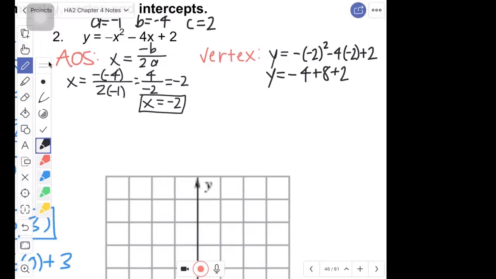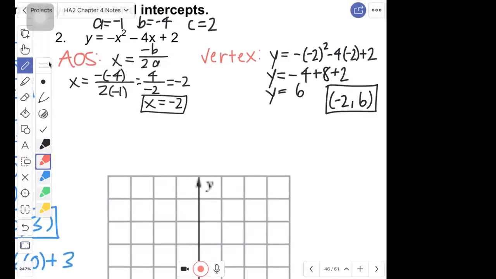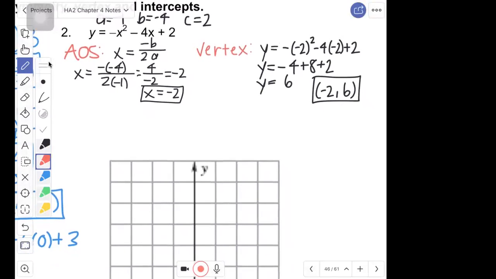I got 6. Awesome. So then our vertex is -2, 6. I'll give everyone a little bit more time for the intercepts.